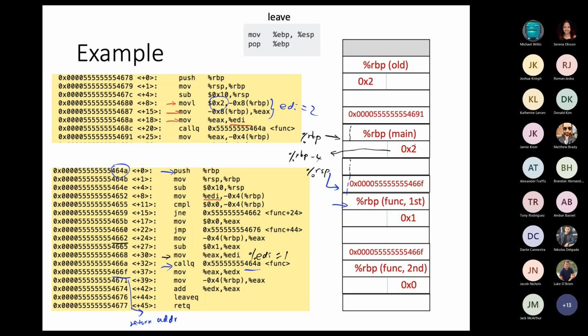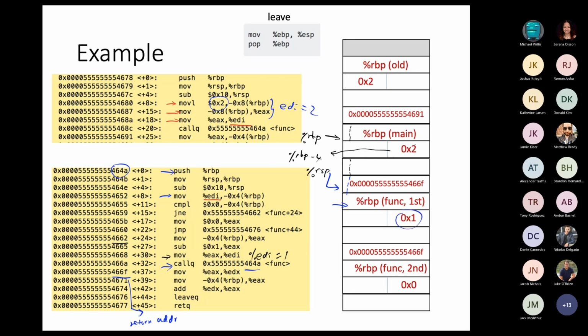It is the function one. It is the function call, and it's the first time we make the call, right? We push the RBP on it. And then we follow a similar routine. We move the EDI into RBP minus 4 here because our EDI is changed to 1.